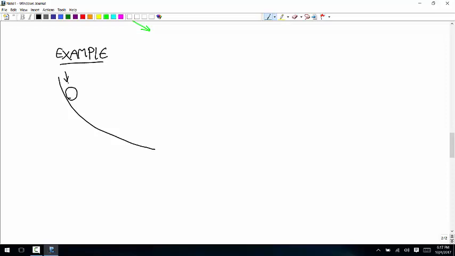So the path it's going to follow is going to be like this. At this point, we have to figure out what a tangent to that path looks like. So it would look something like that. At this instant, that's the velocity vector.